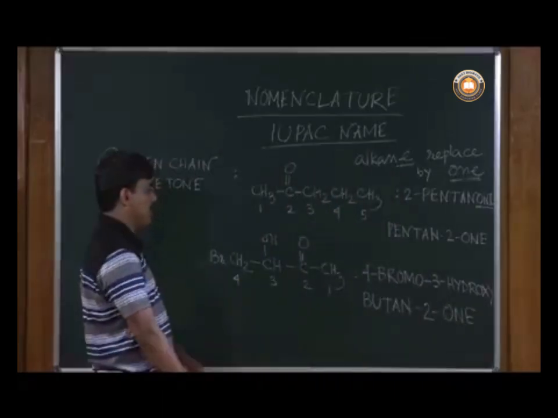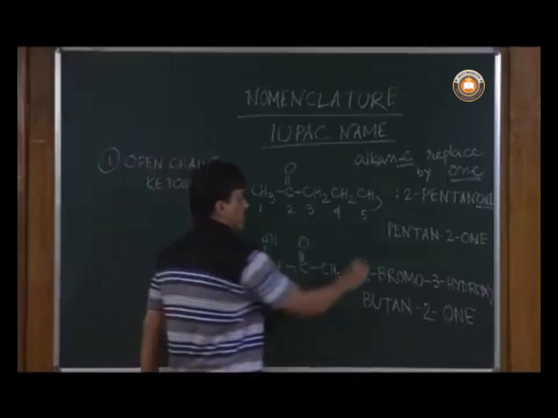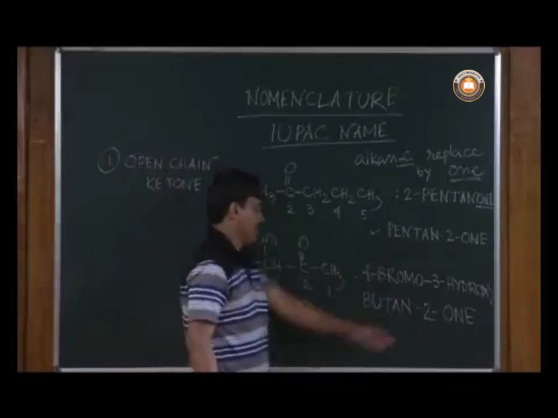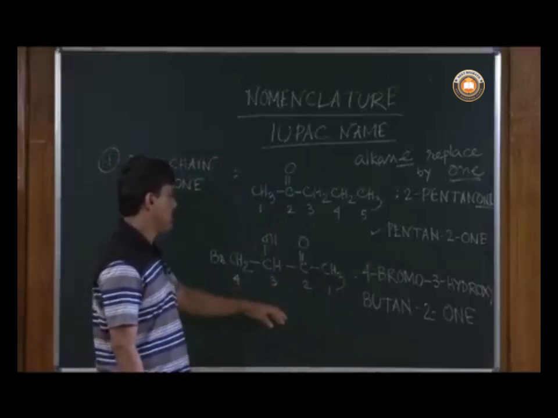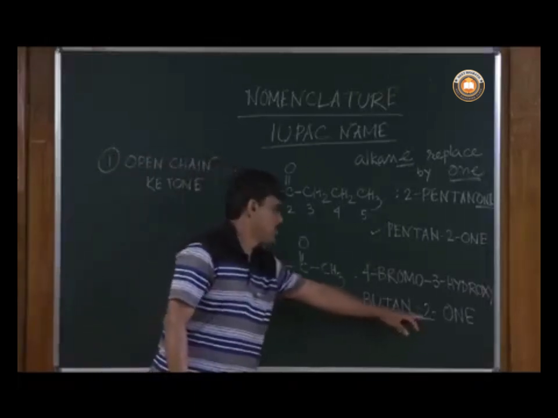And when substituents are present, you have to choose this way, because you have already given this numbering. So, 4-bromo-3-hydroxy butan-2-one.